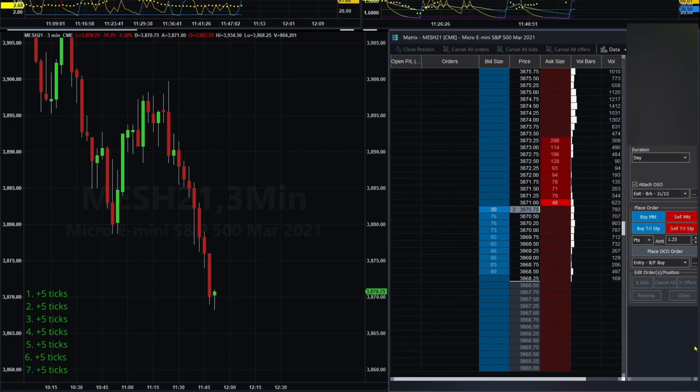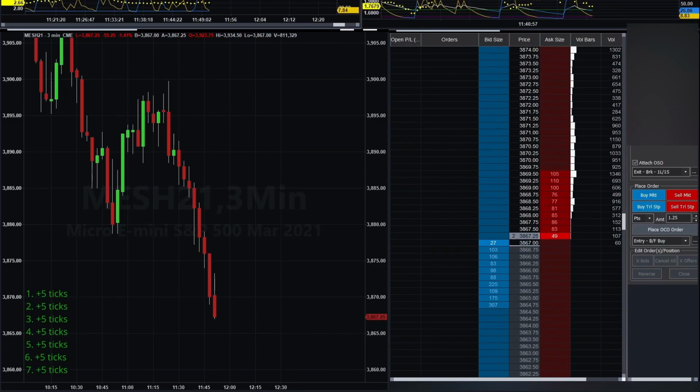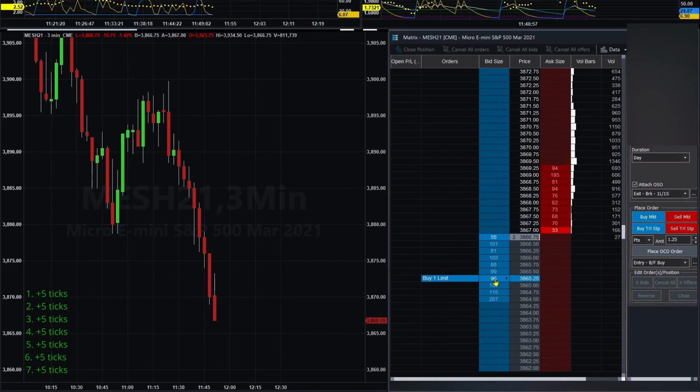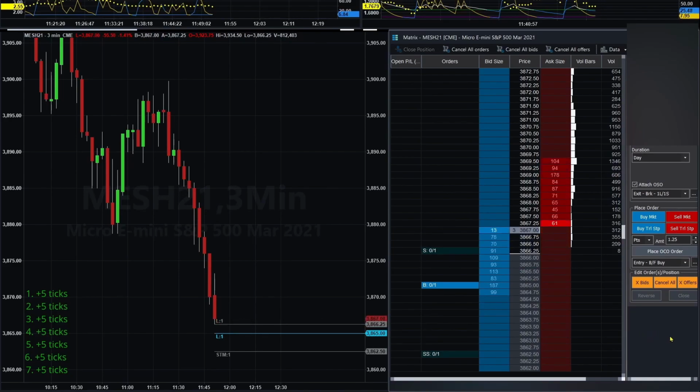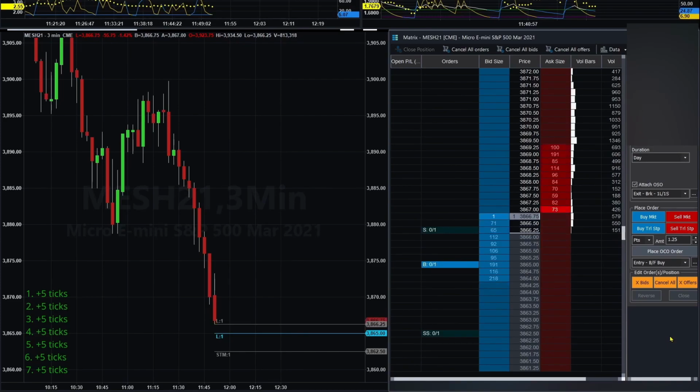Okay, well, it's been nice scalping, you see. It's very fast. We're using this 3-minute chart here. Place the next order here. And wait. When it gets filled, there's nothing you can do about it.